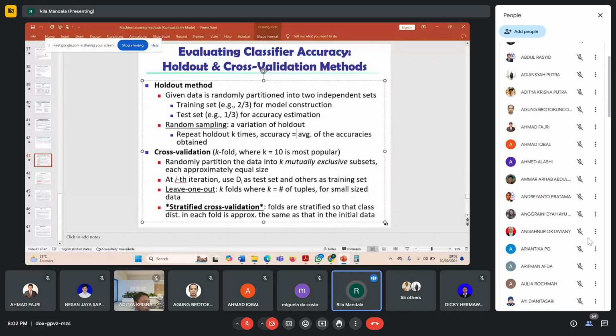What is the correct one? The correct one: you have training data, validation data, and testing data.